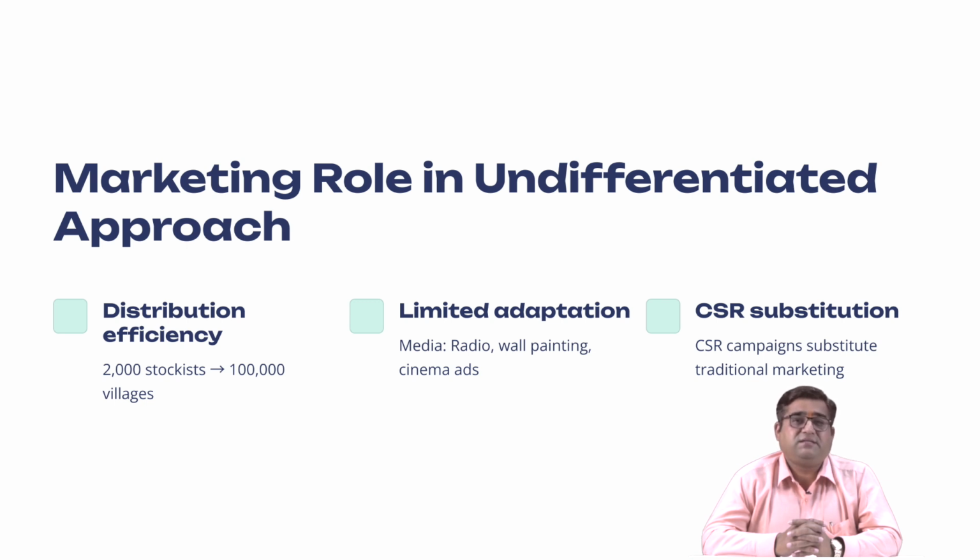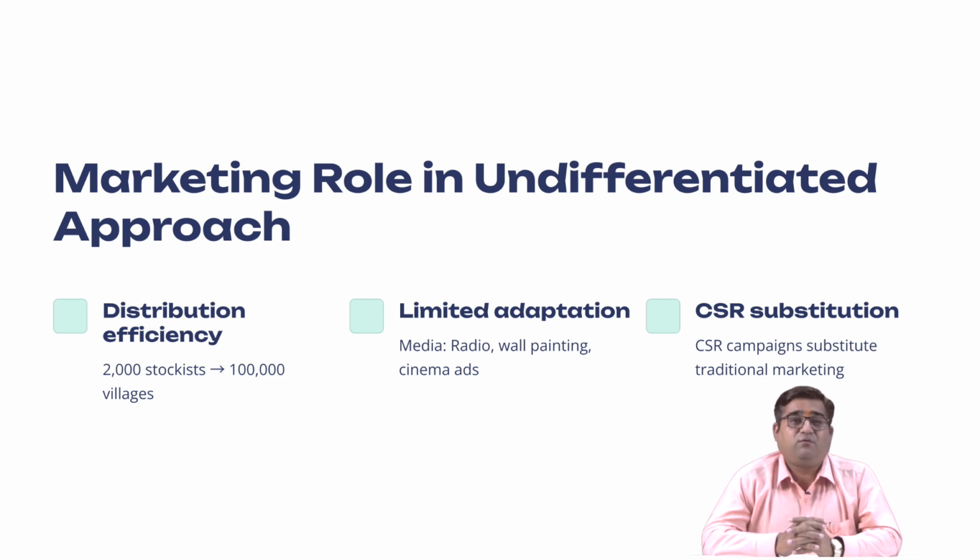The focus remains on distribution and visibility rather than on modifying the product, price or promotional methods. Standard urban advertisements are either translated or dubbed into local languages and broadcast through low-cost channels such as radio, mobile van campaigns, cinema halls, and wall printing.